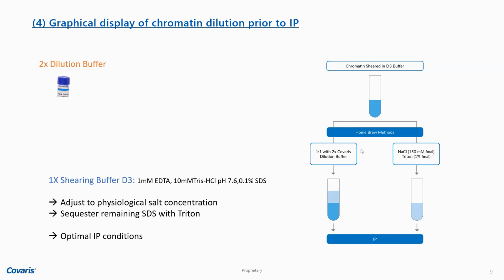Or if you have very sparse samples and you don't want to highly dilute them, you can still prepare your own dilution buffer, which could be more concentrated, but it's important that you end up with a final concentration of sodium chloride of 150 millimolar and a Triton concentration of 1%.